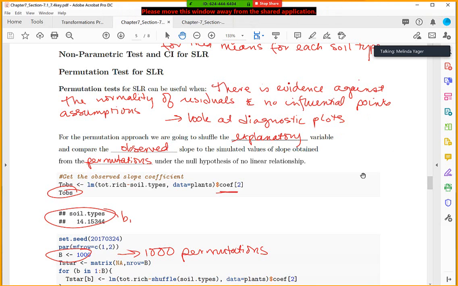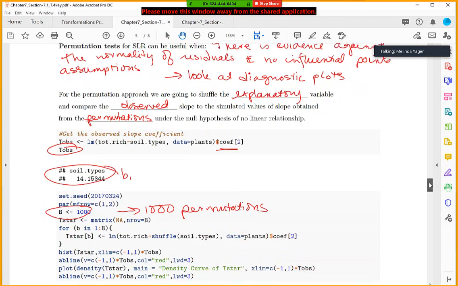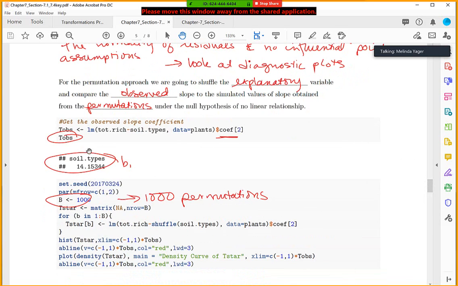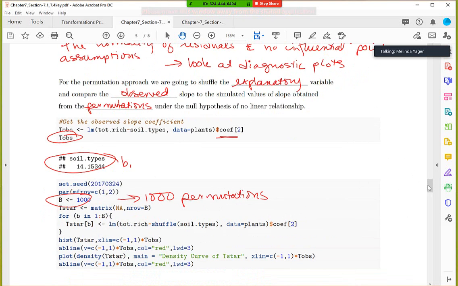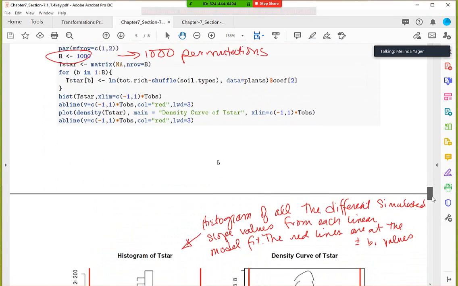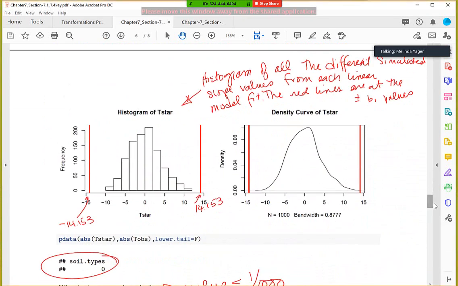Of course, we'll need to look at diagnostic plots to determine that. So with our permutation test, we are permuting our values of slope. So we're looking at 1,000 different permutations of slope, assuming the null is true. And we're using that test statistic of our slope to find our p-value.